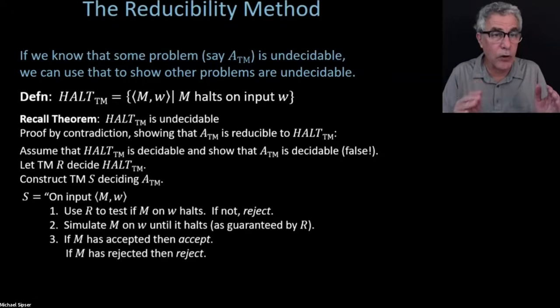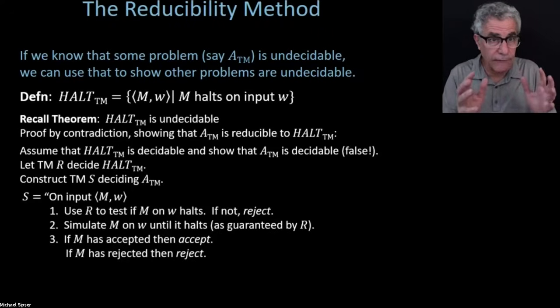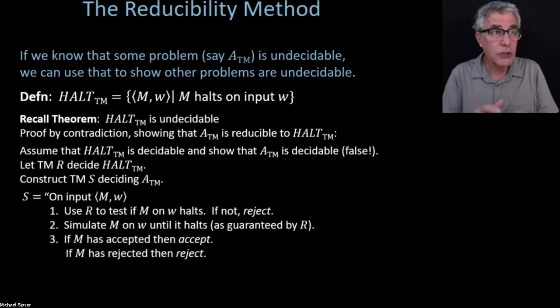We're going to design S to solve ATM, which we know is not decidable. So don't get confused by that. We're aiming for a contradiction. So S is going to be used to decide ATM. So we can try to figure out how we can decide ATM.